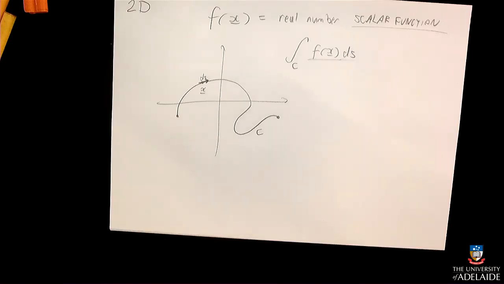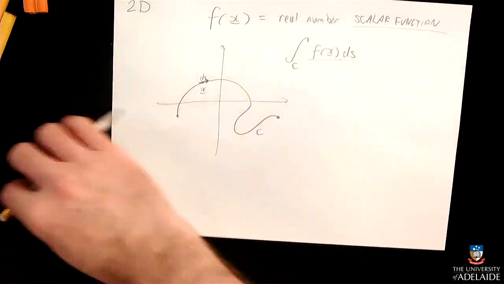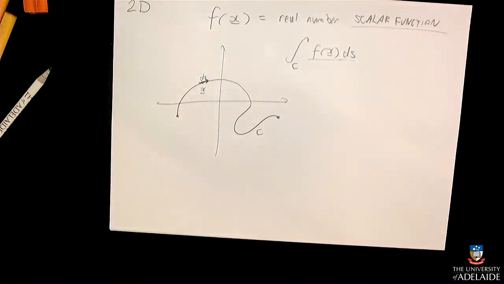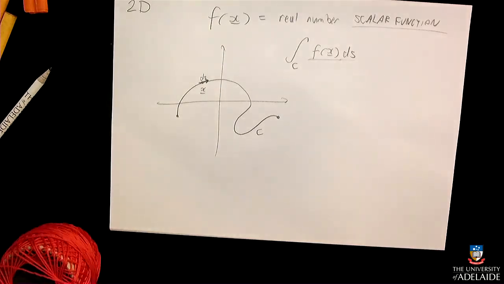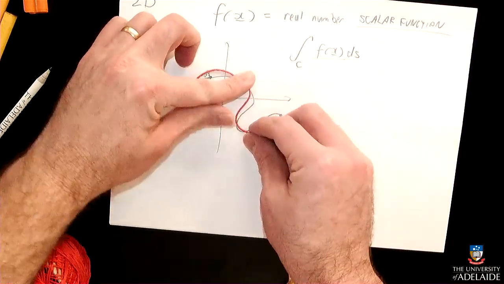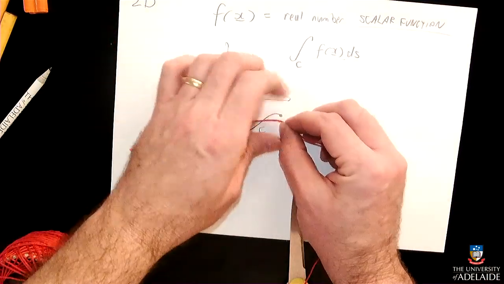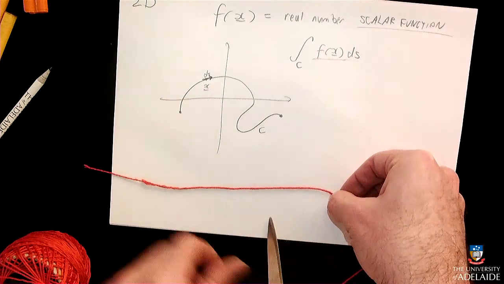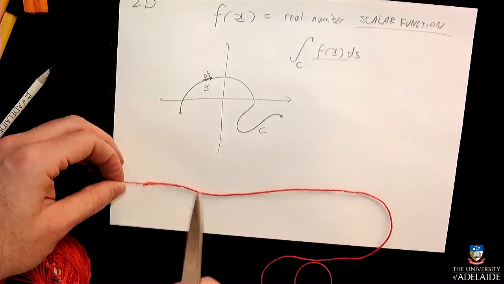If you had the function value at every point, you could totally approximate this, and you could flatten out, just a second. You could take your curve and flatten it out. Sorry about that. Let me try that again.